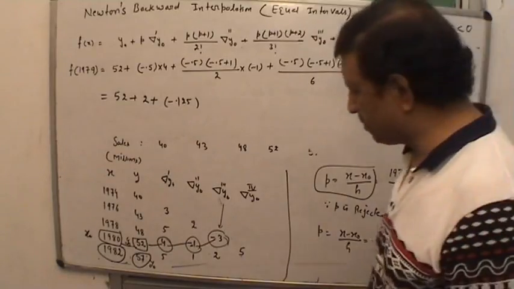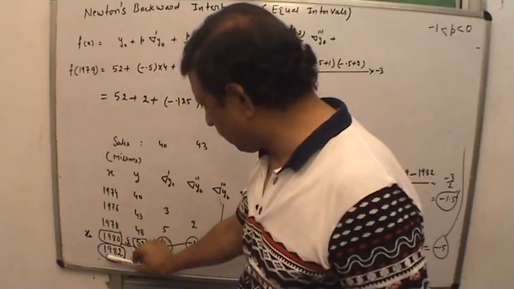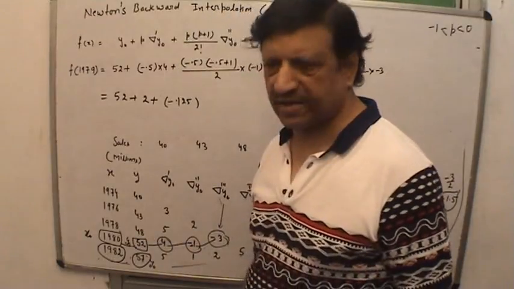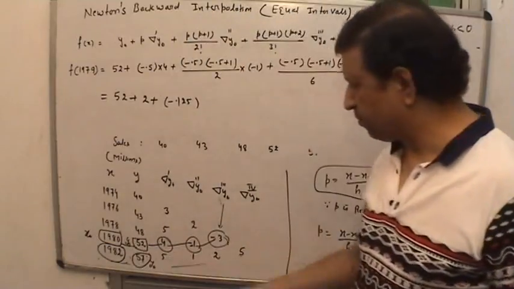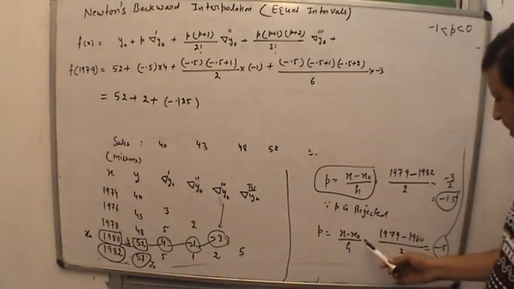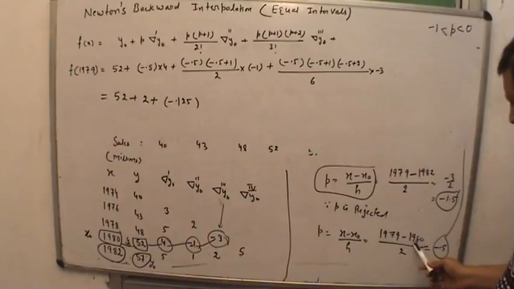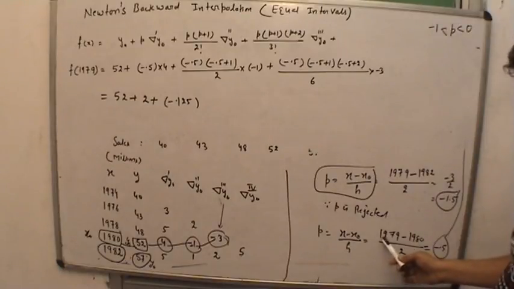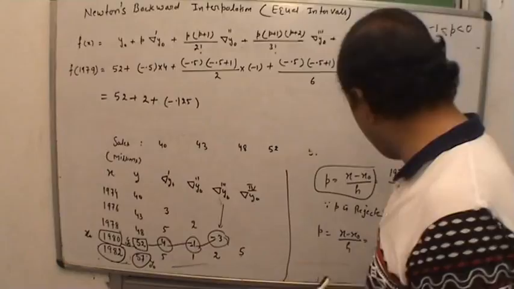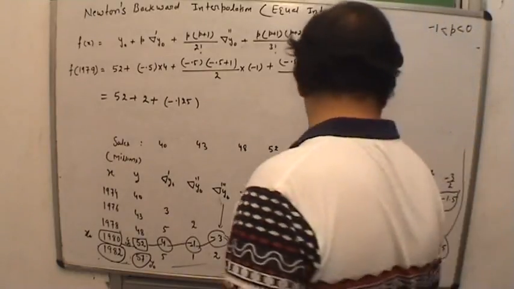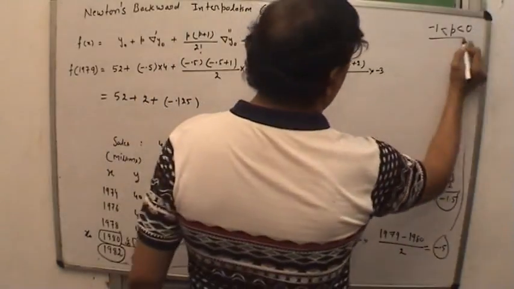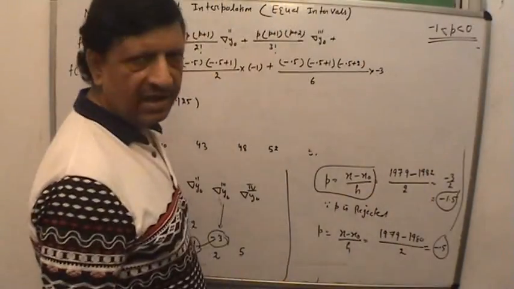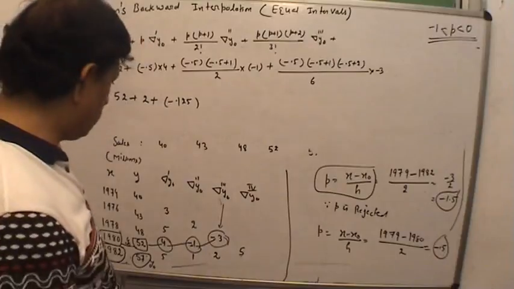So we cannot consider this last set of values as the initial set. So we try for this set above it, that is we take x0 equal to 1980 and x 1979, the point of interpolation. Now we see the value of P is minus 0.5. Now it obeys the rule, P lies between minus 1 and 0.